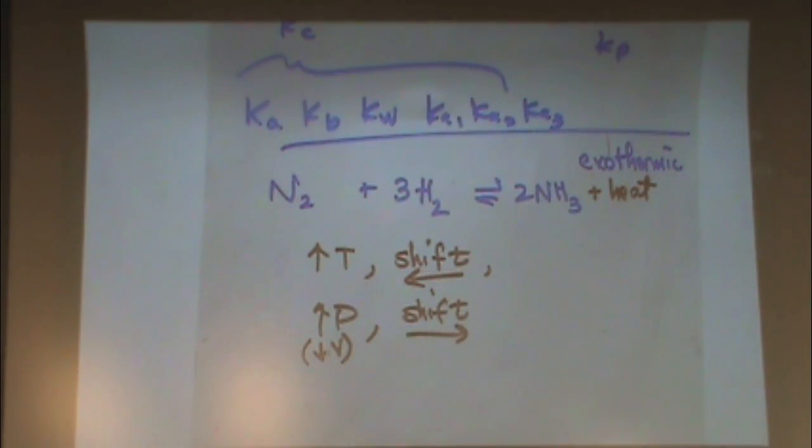No. K is not going to change unless temperature changes. Will Q change? It will. Is it going up or down? It has to go up, because if it shifts right, I'm making more products, and Q is products over reactants. So if there's more products, the value of Q has to go up. K doesn't change.